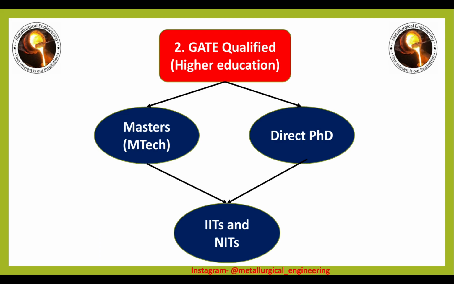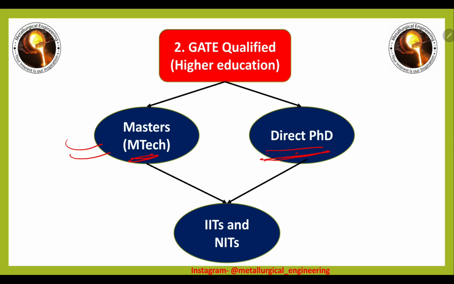Now if you do not have a good GATE score, or you are interested in higher education, then you have two options. In IITs and NITs, you can do an MTech, or nowadays you can do a direct PhD. Several IITs have this option, like IIT Madras, IIT Bombay, IIT Kanpur, IIT Delhi.